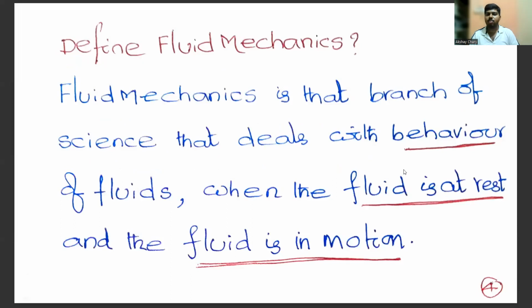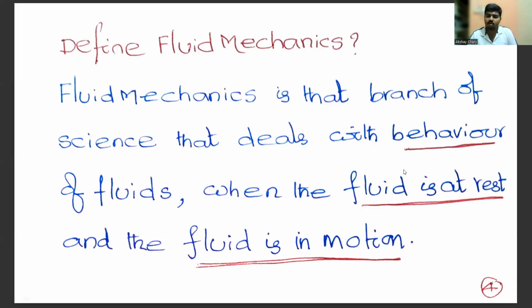Next, define fluid mechanics. Fluid mechanics is the branch of science that deals with the behavior of fluids when the fluid is at rest and when the fluid is in motion. It deals with how the fluid behaves when a force is applied on the fluid or removed, or different types of loads act on it.